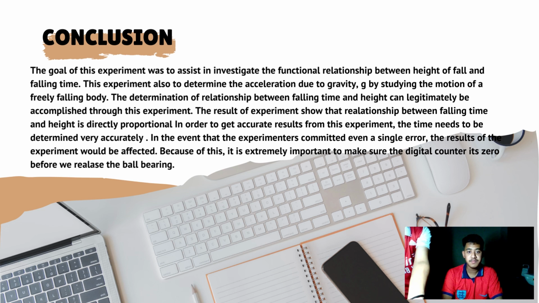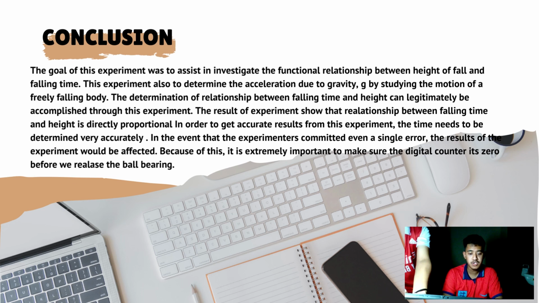The last part of the experiment is the conclusion. The goal of this experiment was to investigate the functional relationship between height of fall and falling time. This experiment was also to determine the acceleration due to gravity, g, by studying the motion of a freely falling body. The determination of the relationship between falling time and height can legitimately be accomplished through this experiment.